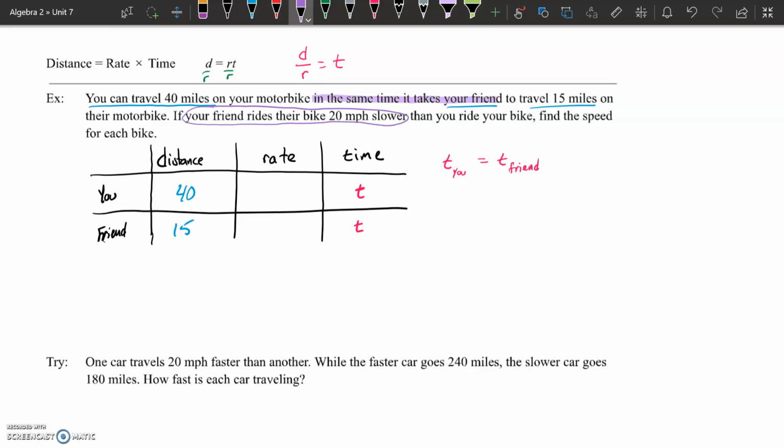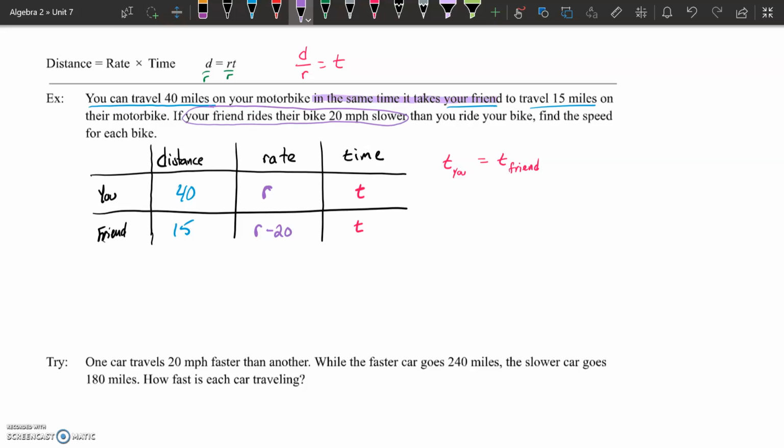So let's think that one through. Let's say you ride at 30 miles an hour, your friend is riding at 20 miles an hour. If you ride at 50, your friend is at 30. It's always whatever you are minus 20. Okay? So if I said that you are traveling at a rate of R, your friend must be at a rate of R minus 20.